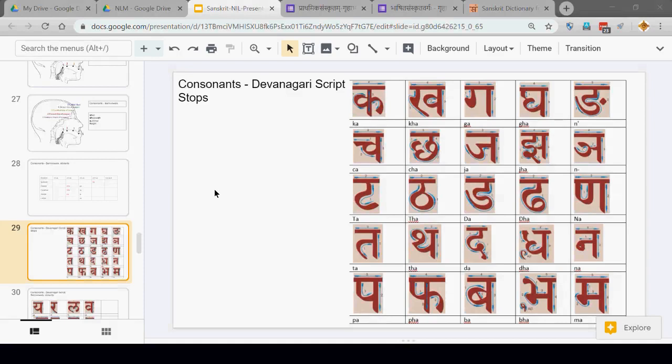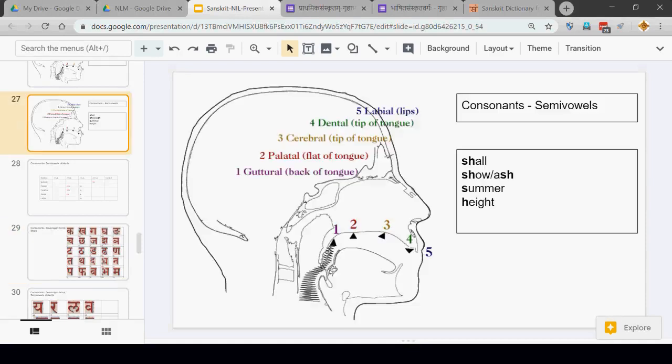So these lines are made based on the position of those consonants in the oral cavity. In the first one, the guttural position represents the first line. Second line, the palatal position. Third line, cerebral position. Fourth line, dental position.